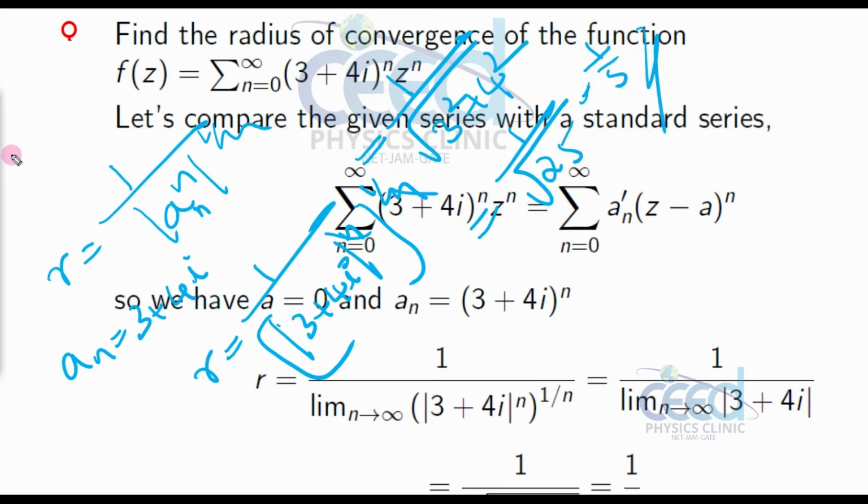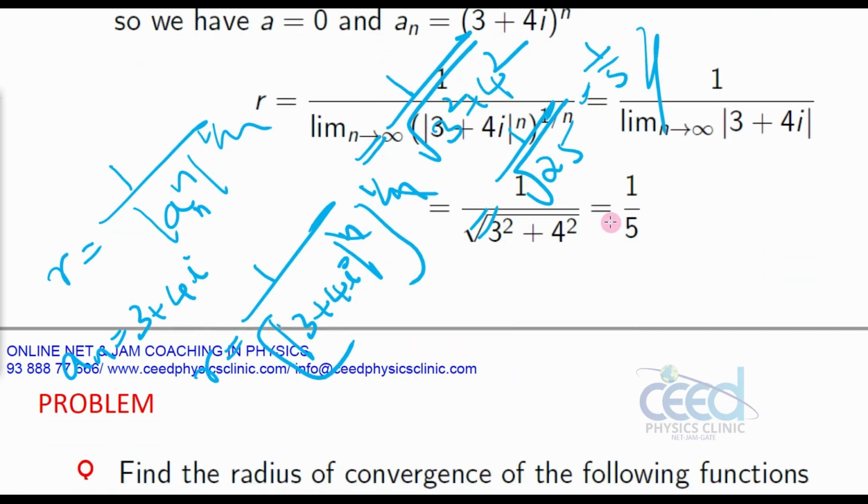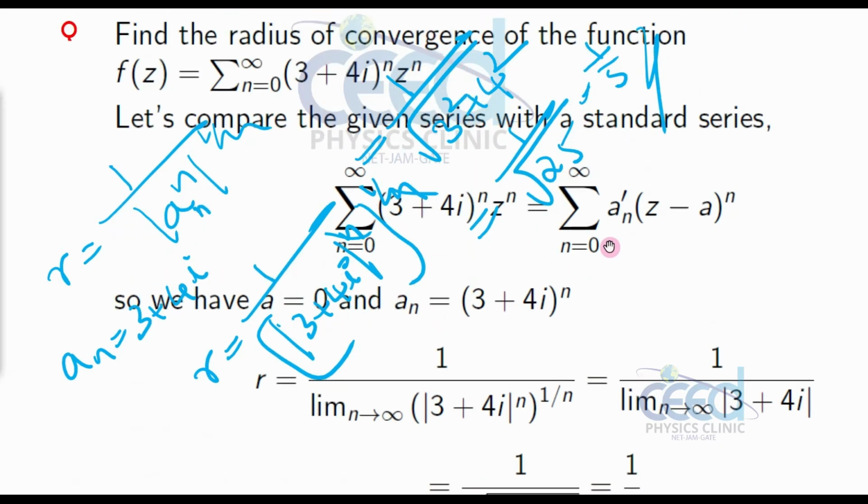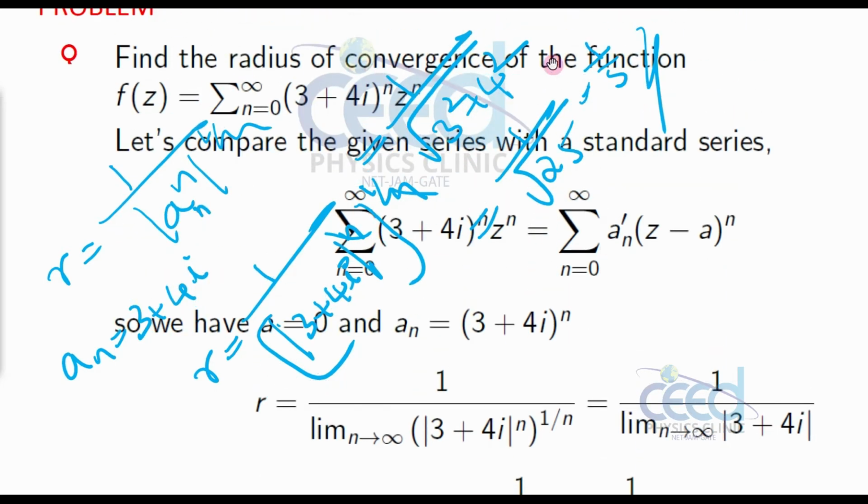So 1 by 5 is the radius of convergence. If you draw a circle of radius 1 by 5, within the inside points of this circle only, this complex function is valid, that means it is convergent, right?